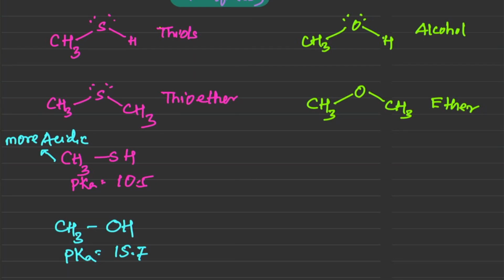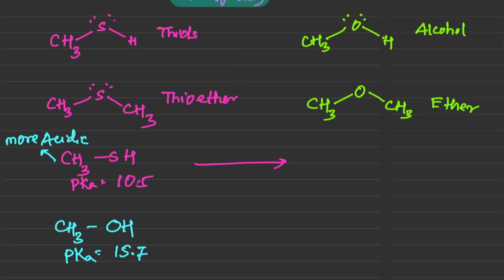But let's try to rationalize this. What happens when you deprotonate this? Let's say we deprotonate this. What is the conjugate base? You bite a proton out. This acidic proton is gone.